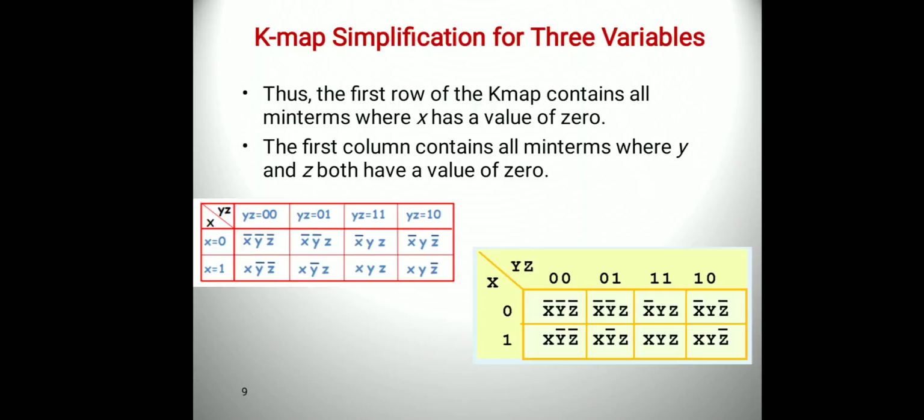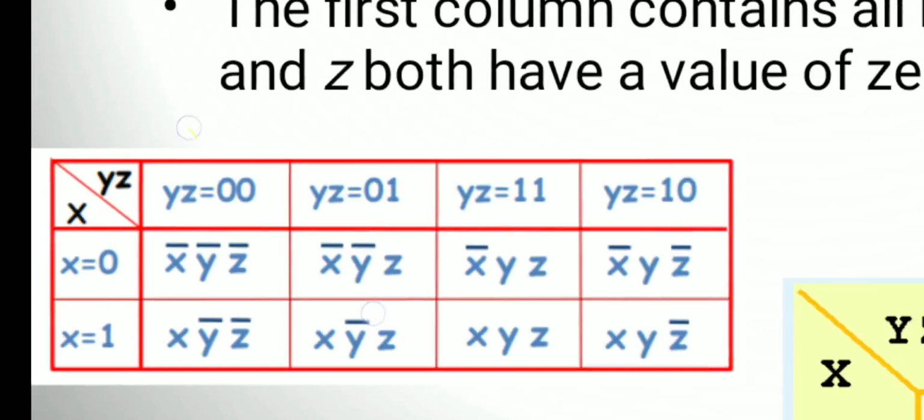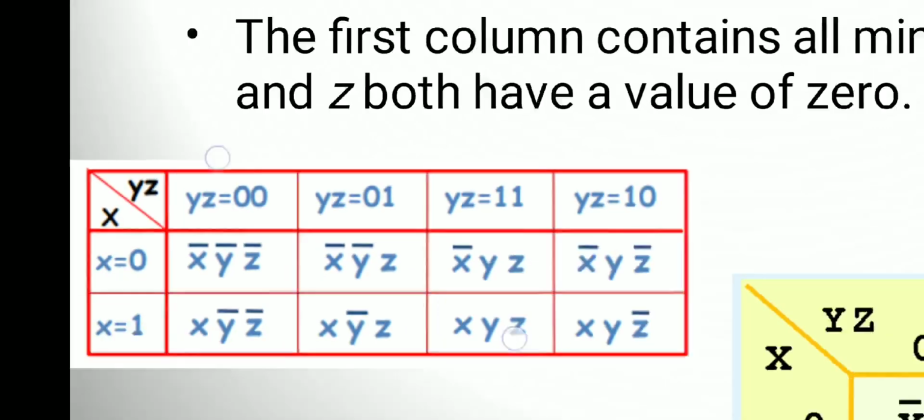This is another example, or the same example where the representation is different. Both the K-maps are the same, only the representation shows yz values and x values differently. By this method, yz is equal to 00, yz equal to 01, like that.